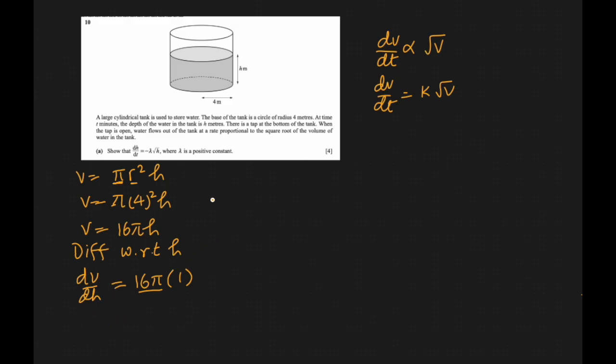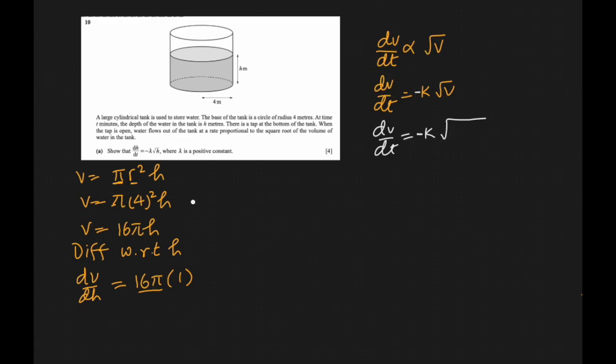Now they want us to have dh over dt. That means we have to substitute this here. Let's write here dV over dt equal to k. Obviously it will be negative. Why negative? Because it's reducing. The rate of change of volume is negative.